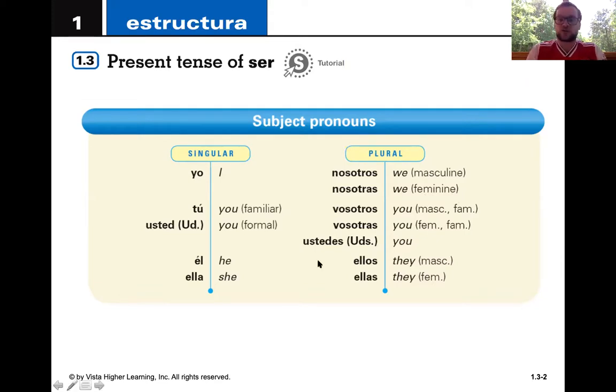Okay, then we also have vosotros and vosotras. Remember, I do not require you to learn those conjugations or those endings, but those are the forms used for you all, or like y'all in Spain. I say y'all, I don't know where all of you are from, but vosotros, vosotras, that would be y'all in Spain, specifically. Then we have ustedes, right?